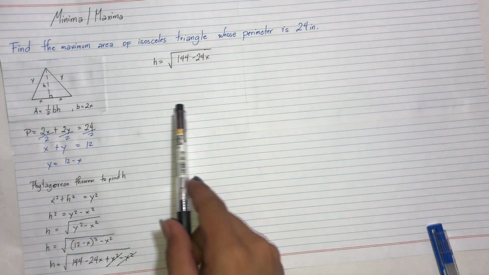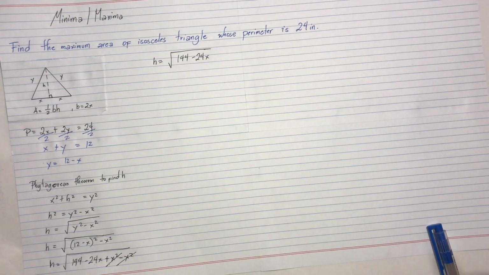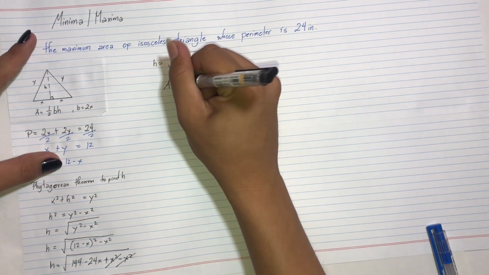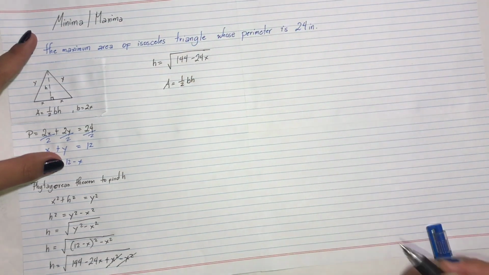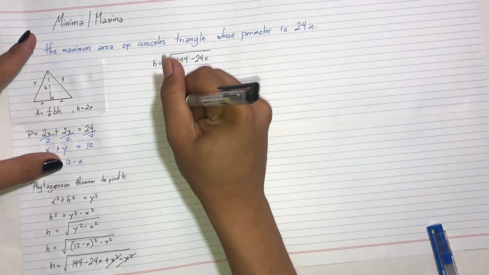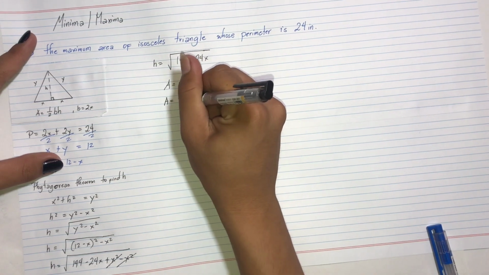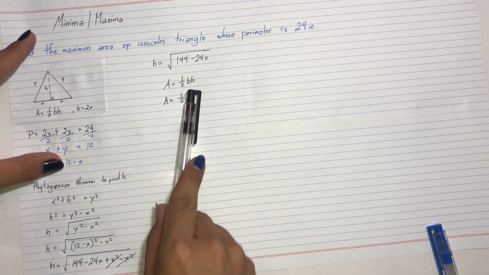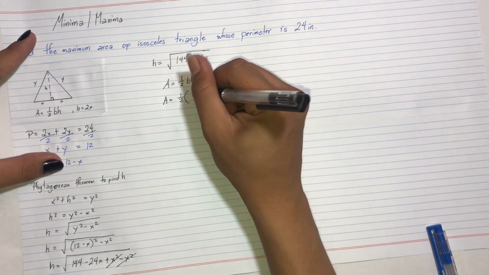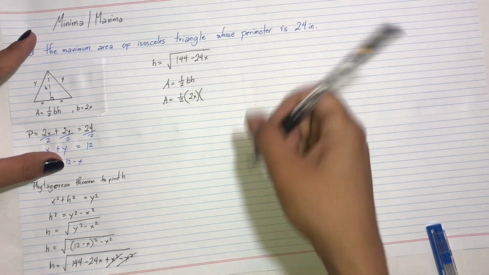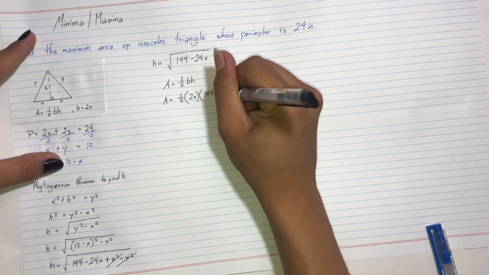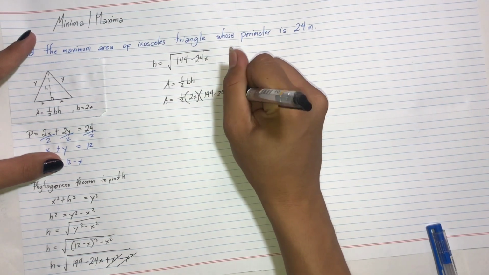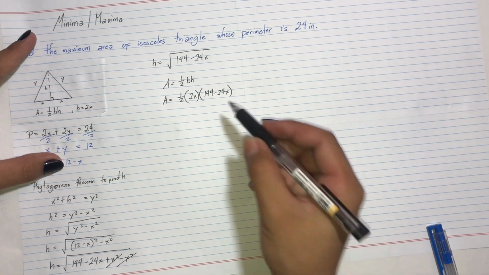We now have the base and the equation of height. So area is equal to 1/2 base times height. Area is equal to 1/2 times the value of b, which is 2x, times height, which is the square root of 144 minus 24x.